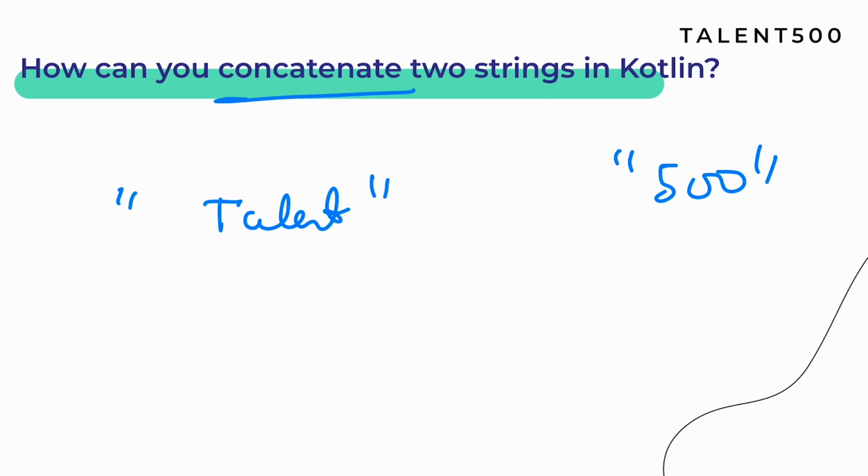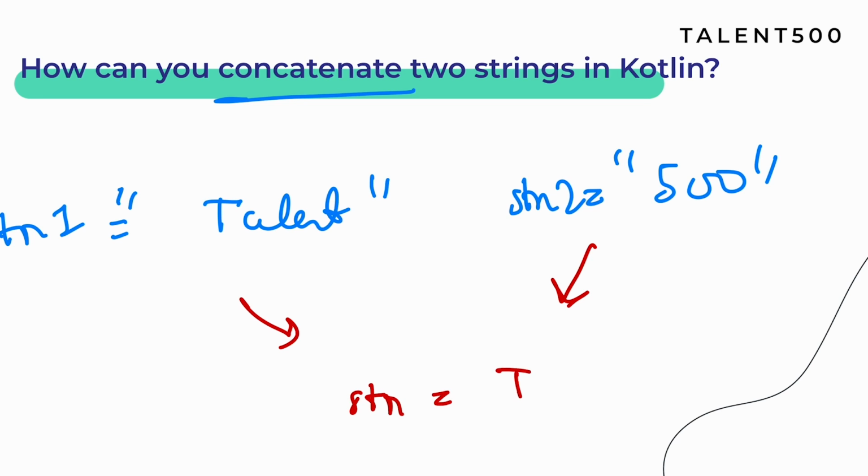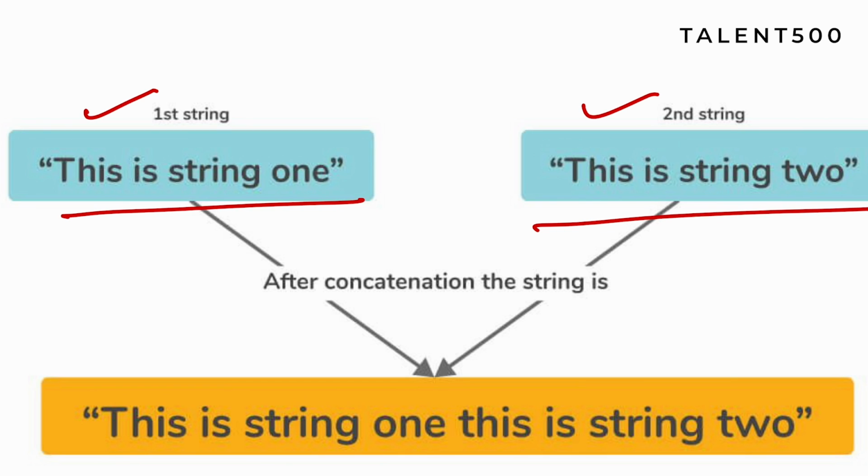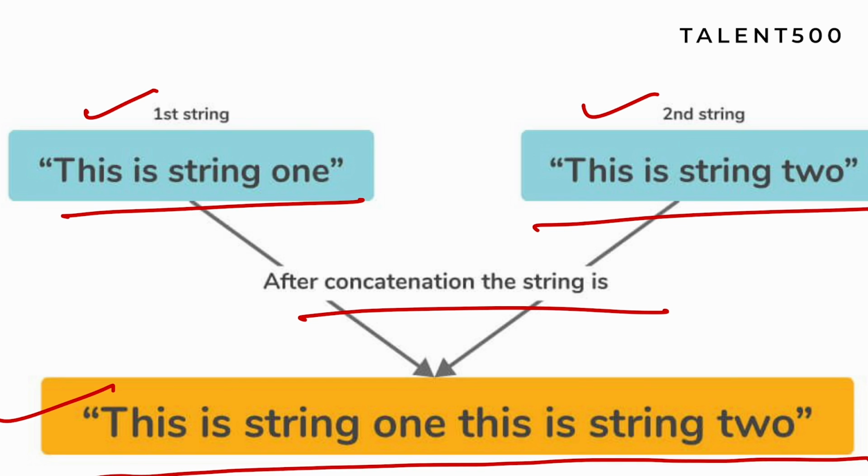These are the two strings I'm having. This is string 1 and this is string 2, and I want to combine both of these together to make the final string str, and it should be talent 500 together. This is concatenation. First string, this is a string 1, second, this is a string 2. After concatenation, it should be this is a string 1, this is a string 2.